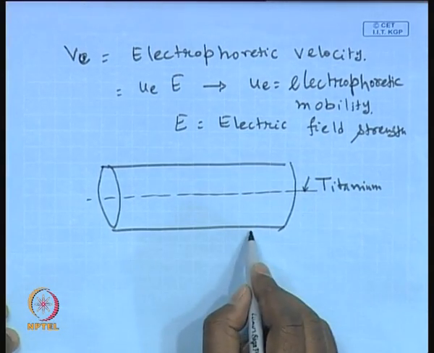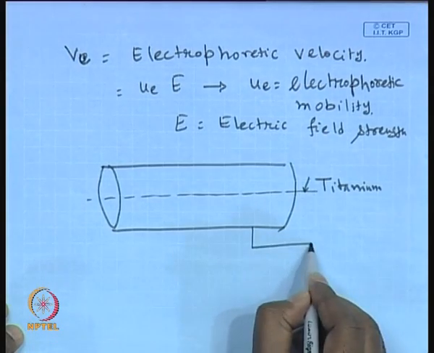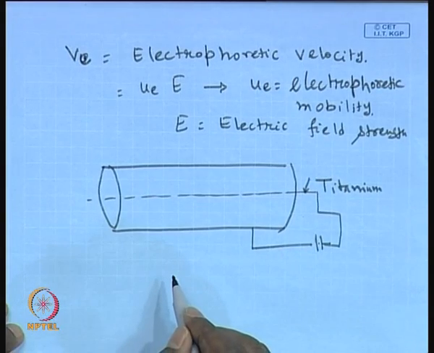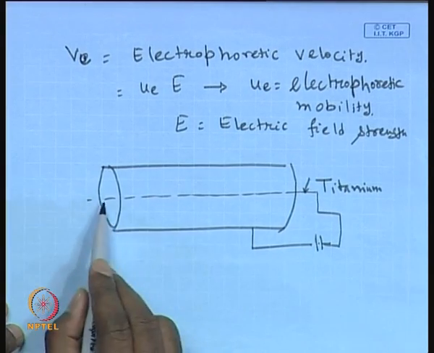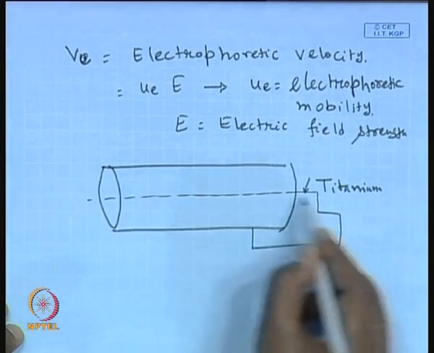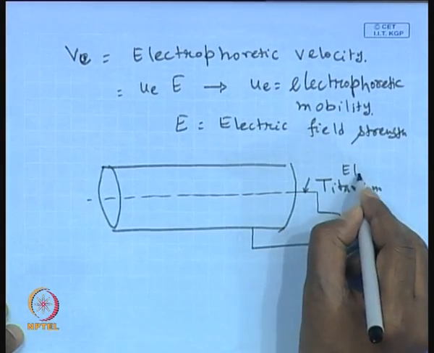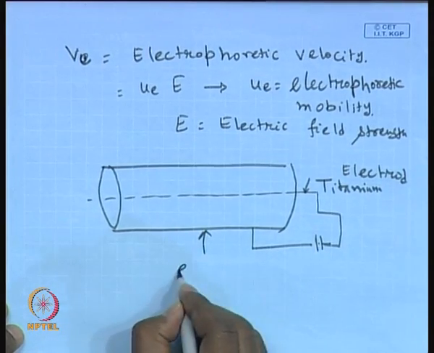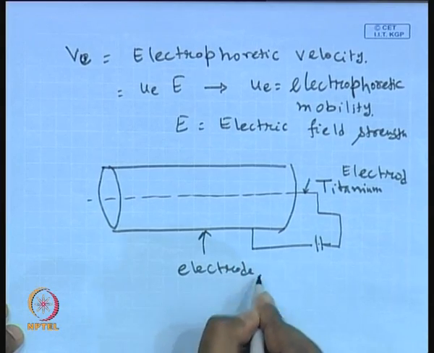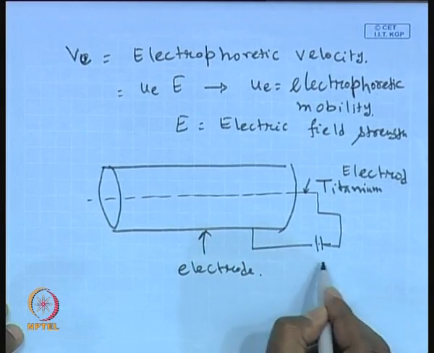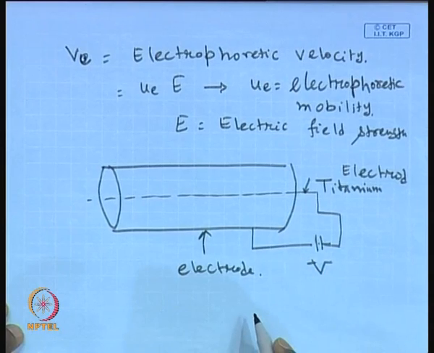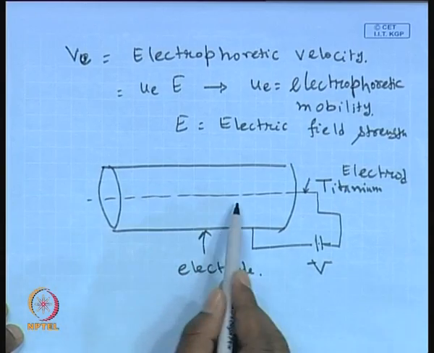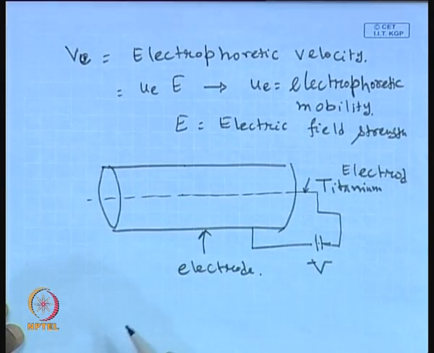Now connect the external voltage supply. So, the middle plate is one electrode and the body of the setup or the cell is the other electrode. These two electrodes are connected by the external voltage power supply. Then it will create an electric field between the wall and the center line.